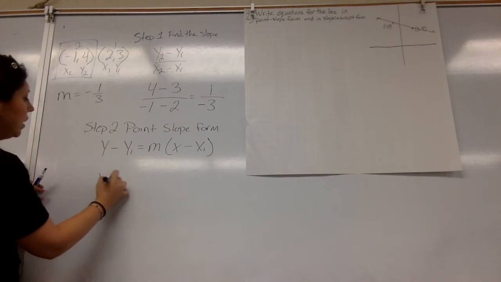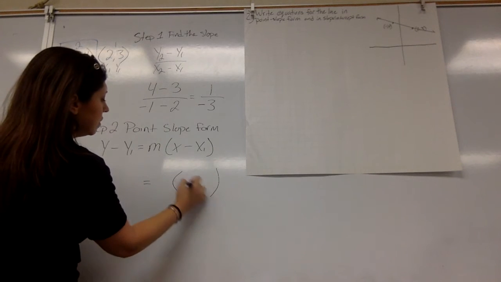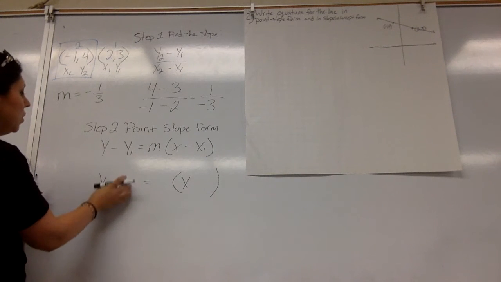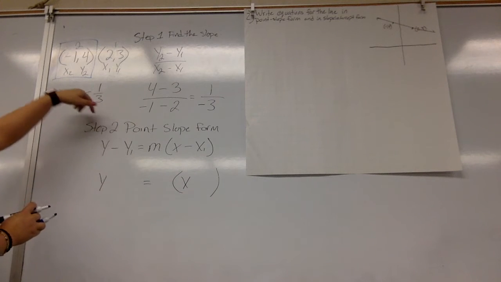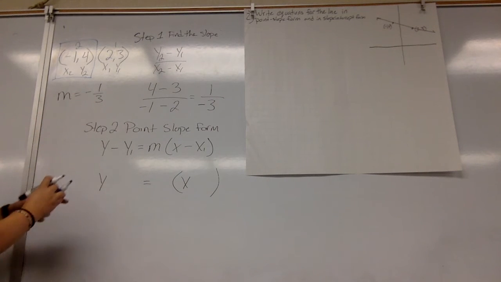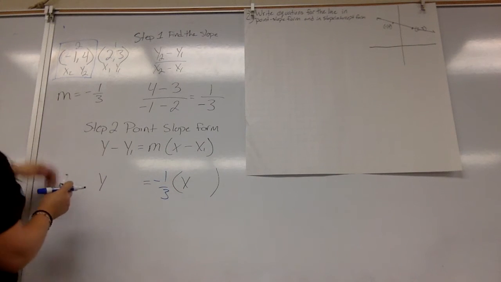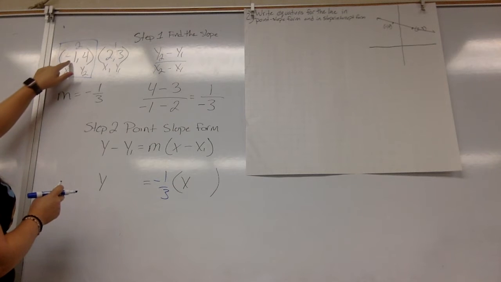So we have y equals parentheses and an x. Again, this never changes. Our slope, our y1 and x1 can change. So I look for my slope. My slope is -1 over 3. Our x is going to be -1.